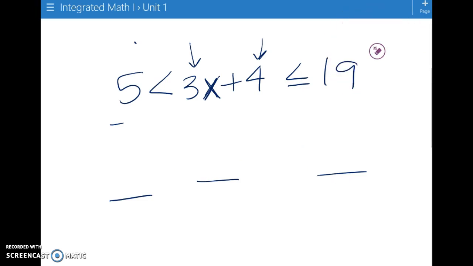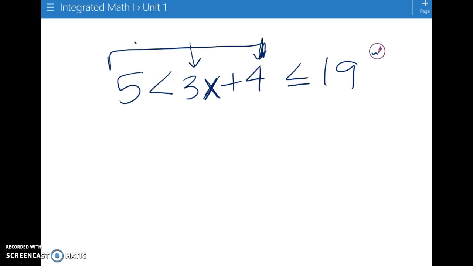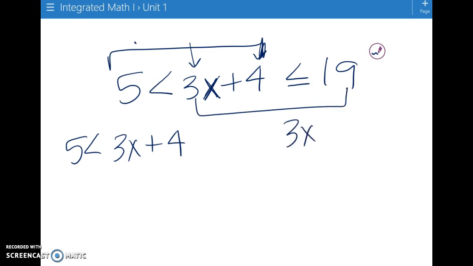Now, if you didn't understand that, we can also just break it into two parts. So like I said, here's one inequality. So you can just write that like this on this side. And then here's the second inequality. You can just write that like this on this side. And just go ahead and solve for both.